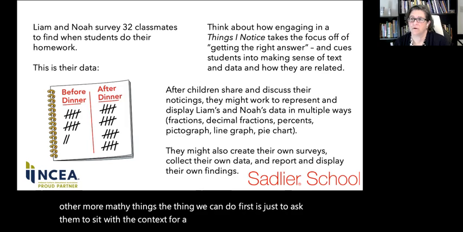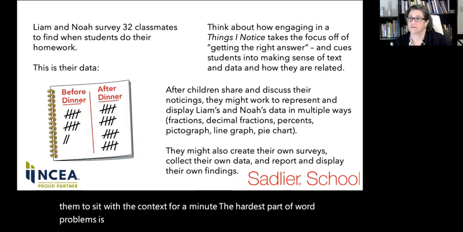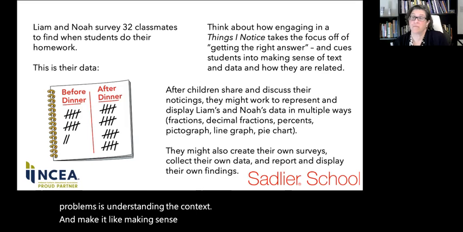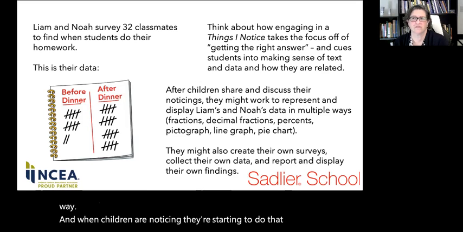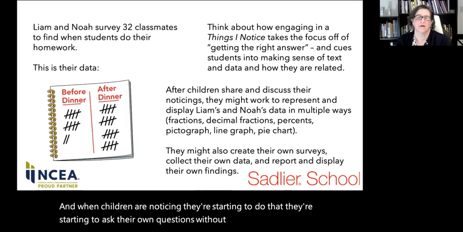The hardest part of word problems is understanding the context and making sense of the context in a mathematical way. And when children are noticing, they're starting to do that. They're starting to ask their own questions without even knowing they're asking questions.